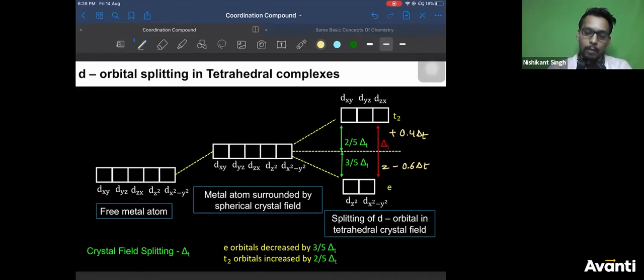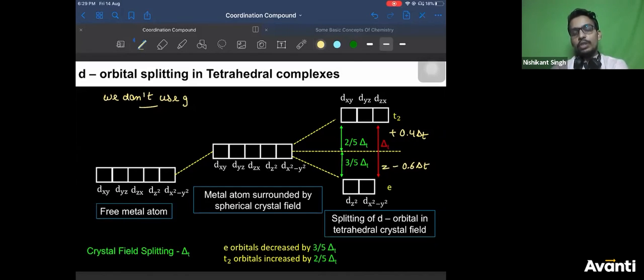Now there are two things which are very important here. First, if you have observed, there we were using t2g. Here we are using t2, and instead of eg we are using e. We don't use g here. So why don't we use g basically?